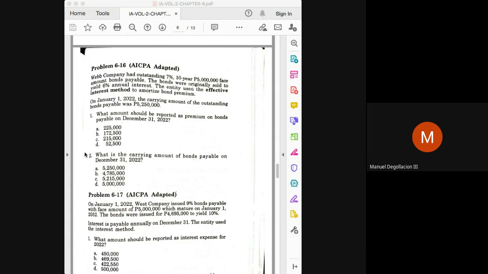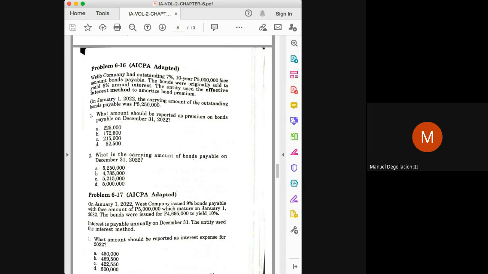For 2022, it was computed by multiplying 5,250,000 with 6%. We will still be using 6%, but we will no longer be using 5,250,000, because that is not the carrying amount at the start of the year. The carrying amount at the start of the year is 5,215,000, the balance on December 31, 2022.